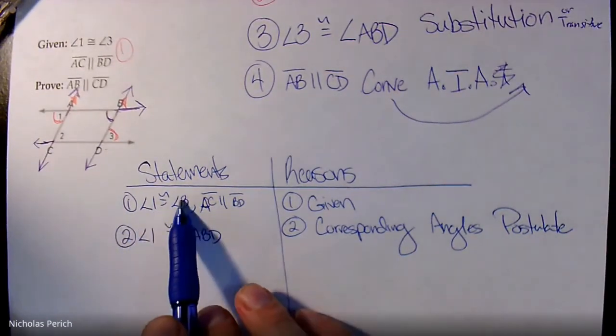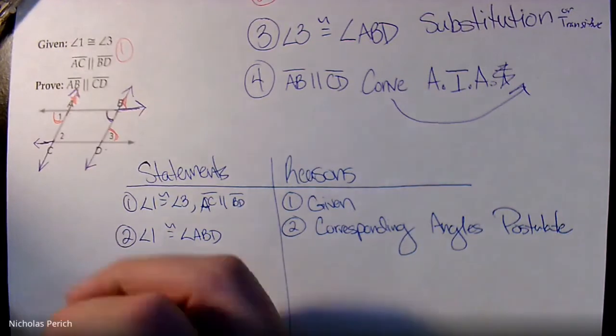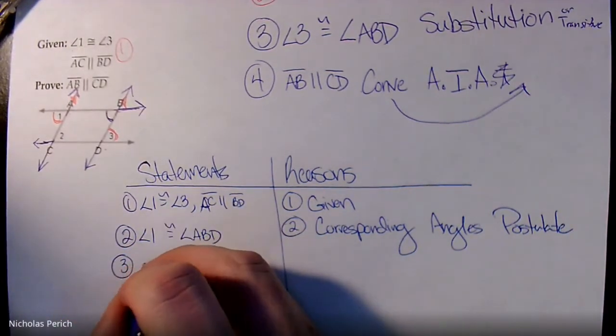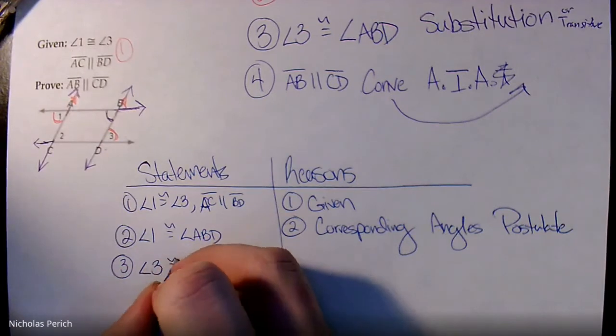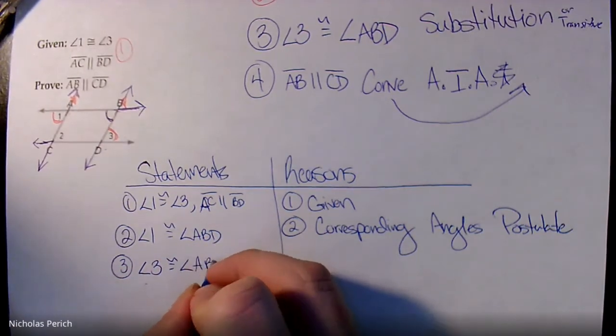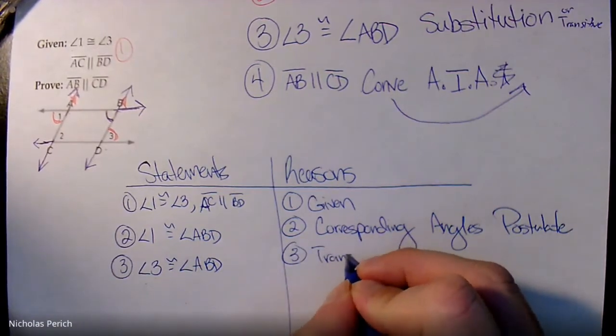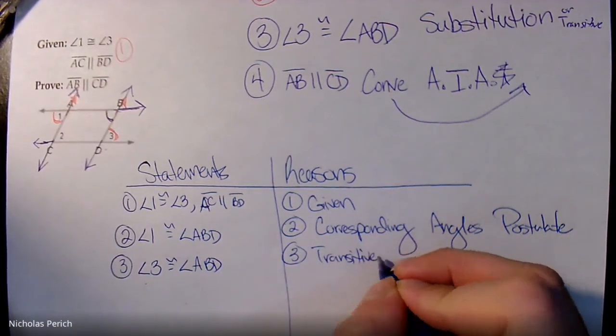Since 1 is 3 and 1 is also ABD, the substitution or transitive property says that 3 is congruent to ABD. And I like using the transitive property because it just sounds nicer. It sounds more professional.